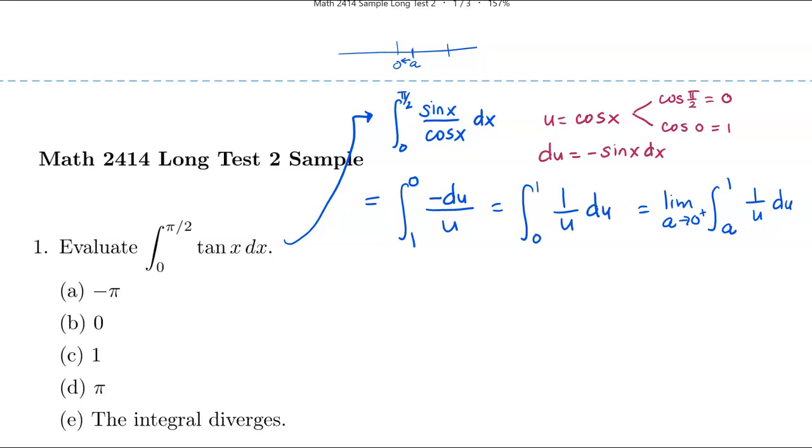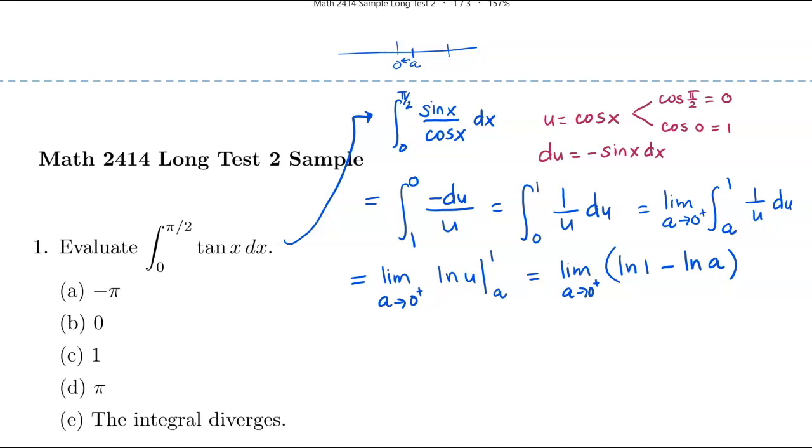Now let's proceed. We have the limit as a approaches 0 from the right. Now, what's the integral of 1 over u? The integral of 1 over u is ln u. Then evaluate that from a to 1. Then this is equal to the limit as a approaches 0 plus of ln of 1, which is 0, minus ln of a.